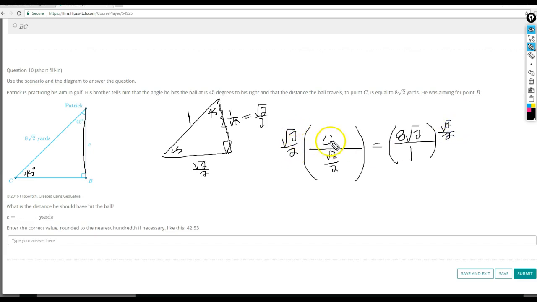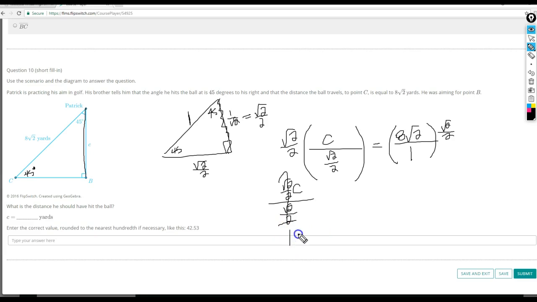The square root of 2 halves times C divided by the square root of 2 halves is C. Now, square root of 2 halves divided by the square root of 2 halves is a form of 1 because it is the same number being divided by itself. No matter how funky it looks, square root of 2 halves and square root of 2 halves is the same number. So that makes a form of 1.